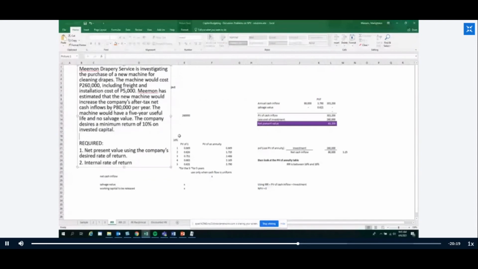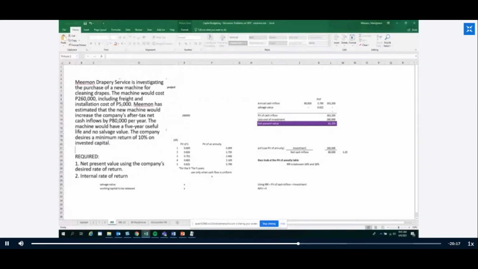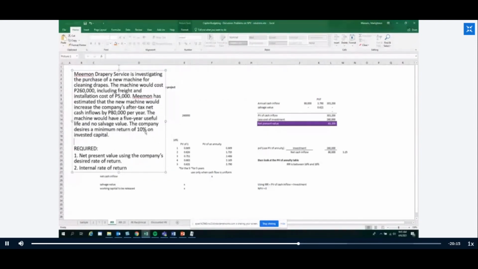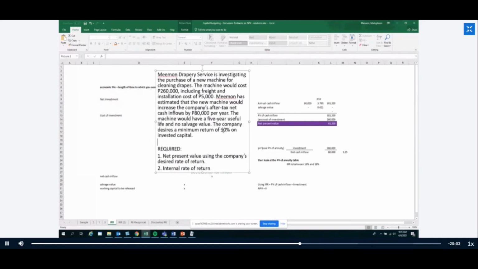Sige. Sabi natin, ang internal rate of return, this is when your present value of cash inflow is equivalent to your investment. O sige nga class, pag ang present value of cash inflow is equal to your net investment, how much is your net present value? 0, sir. 0.